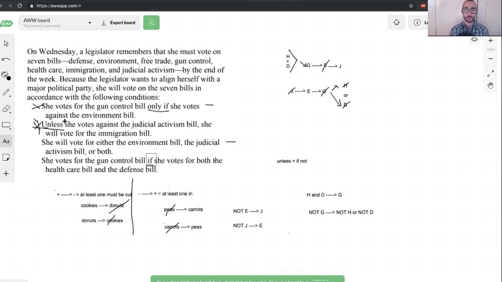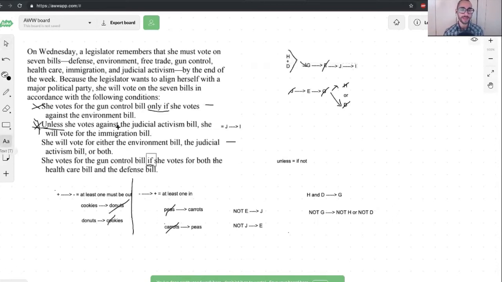So not voting against J means she votes for J. So if she votes for J, then she votes for I. So that just basically means J requires I. So we already have J at the end of the top chain, so we can stick on I at the end of that. So we just add on arrow I. That's it. That's all we have to do.